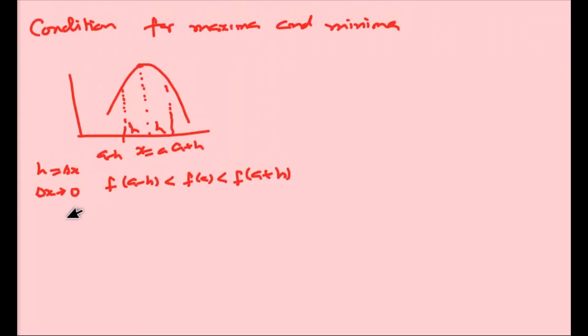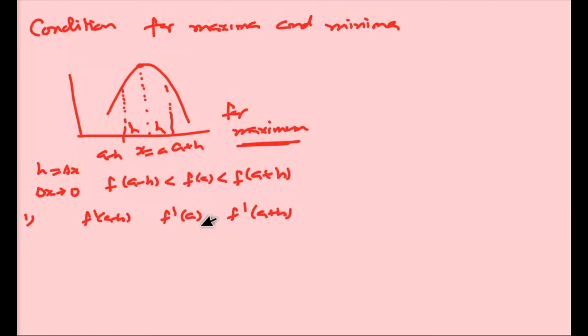Now, if you find f dash (a minus h), f dash (a) and f dash (a plus h) using differentiation, you can see here is a tangent having acute angle, here is a tangent having 0 slope, parallel to x-axis, therefore here the slope is an obtuse angle.